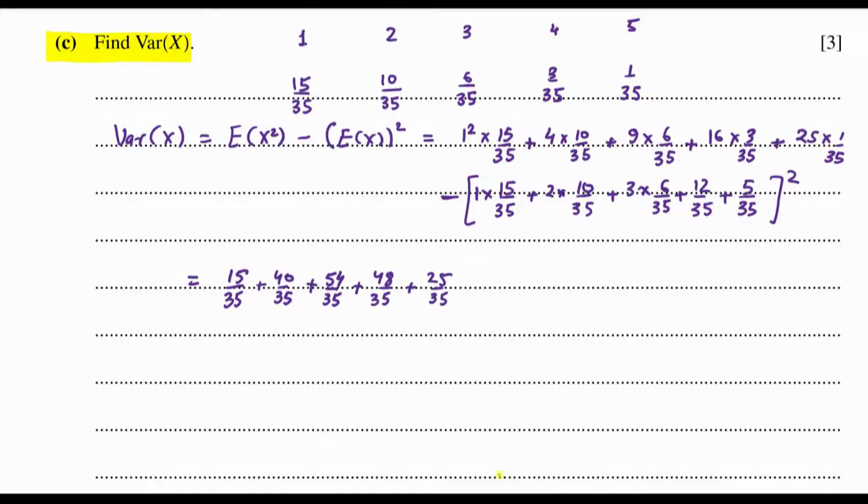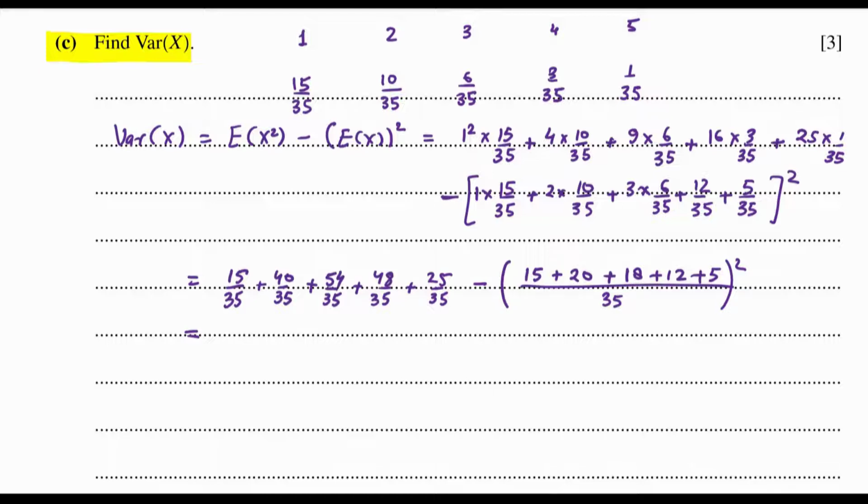It's best not to cancel any common values, because if the denominator is 35, then it is easy to calculate. So here it is 15 plus 20 plus 18 plus 12 plus 5 whole upon 35, and then whole square.